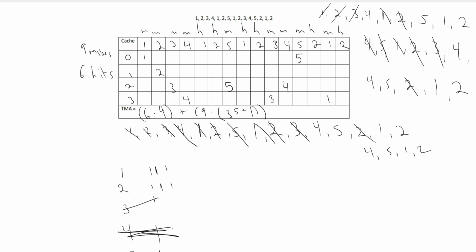So then you cross it out here, 5 and 1, and then 2, another one here. Oh, but this time it missed in LRU, but in LFU it won't miss. It'll be another hit, and then another hit here. So that's how you would do LFU, I think.